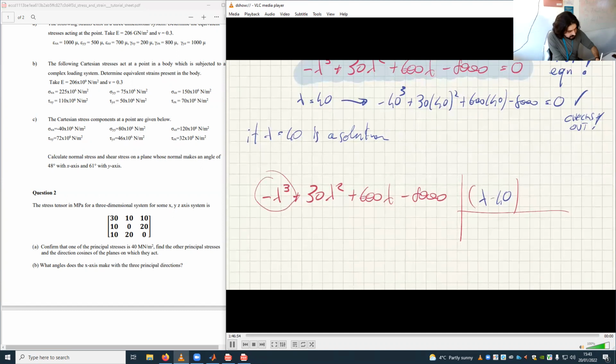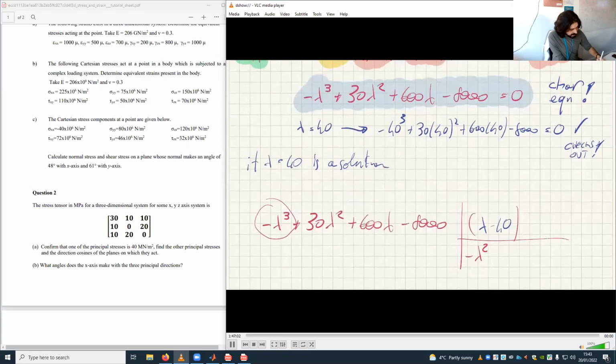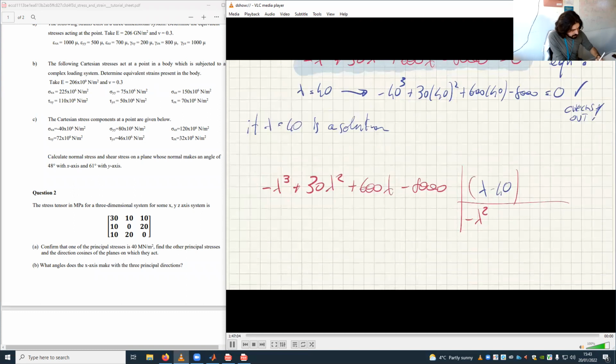If I multiply this times minus lambda squared, I can get rid of lambda cubed. Because this times this gives me minus lambda cubed plus 40 lambda squared. Do you agree?